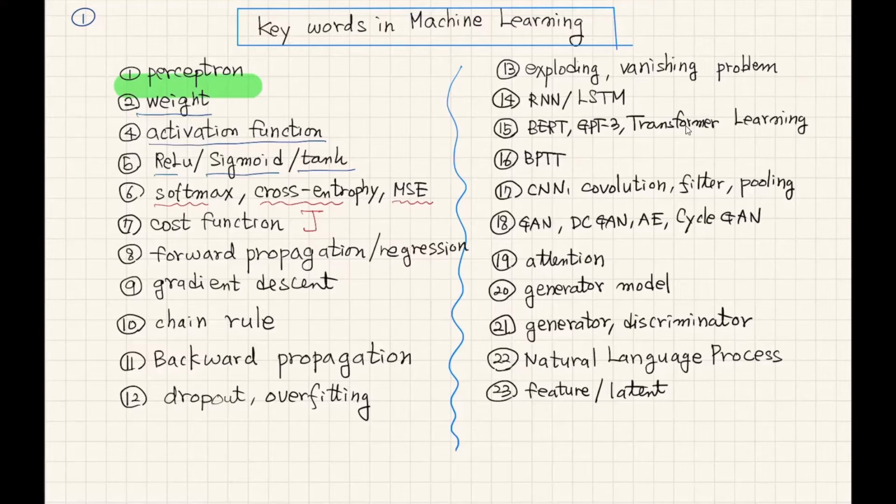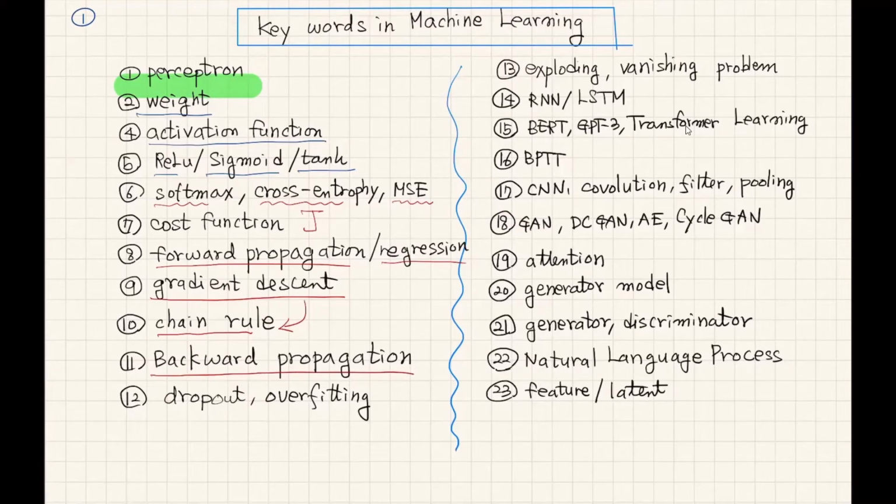And also we know the meaning of forward propagation and regression. When we are doing the backpropagation, to find the optimal conditions, we used the gradient descent method. And because it is a multi-layer structure, it is useful to derive chain rules to apply the gradient descent method. All these processes are defined as backpropagation.